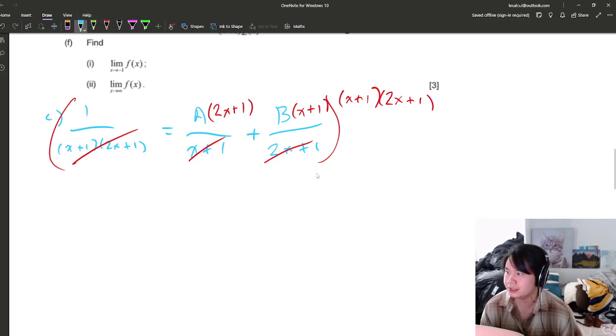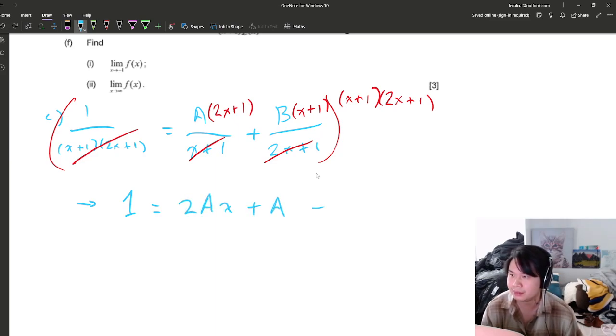That is going to result in 1 equals, and then we're going to distribute the a in. So this is 2ax plus a plus distributing the b, bx plus b. And then we can solve for a and b because we can compare coefficients. So you see these are my coefficients of x.